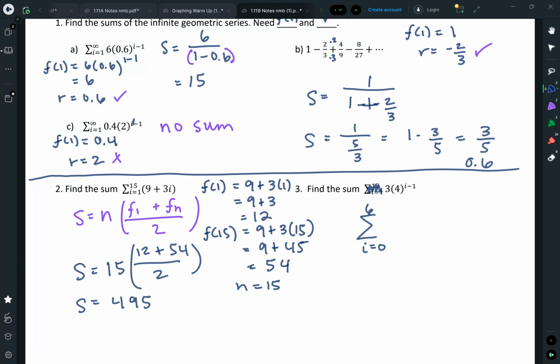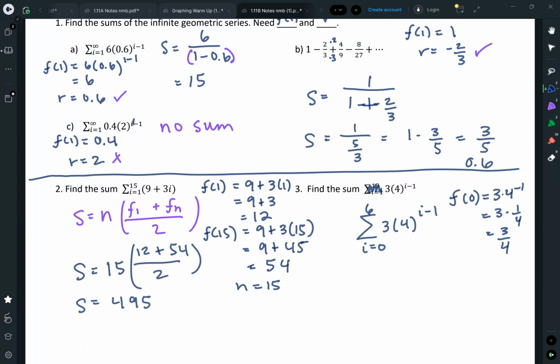So if I have the sum from i equals 0 to 6 of 3 times 4 to the i minus 1 power, well, it gets a little bit weird, right? Because first of all, my first term is i equals 0, so 3 times 4 to the negative 1 power means 3 times 1/4, which is 3/4.